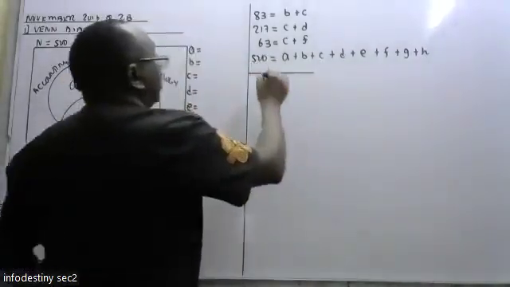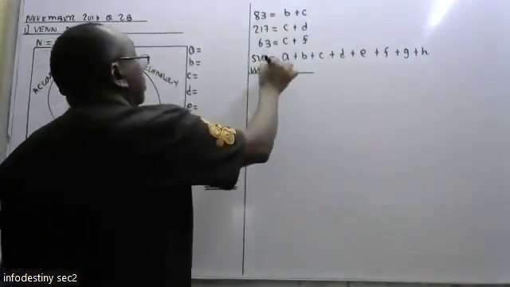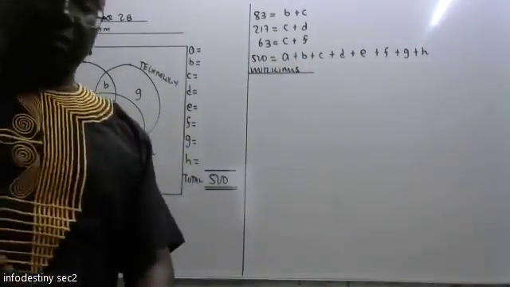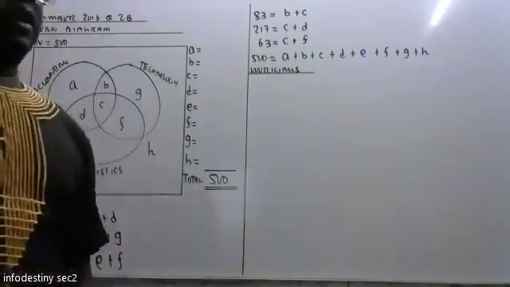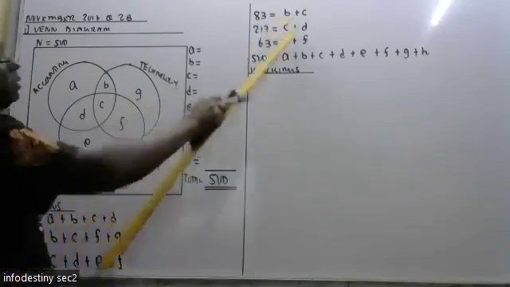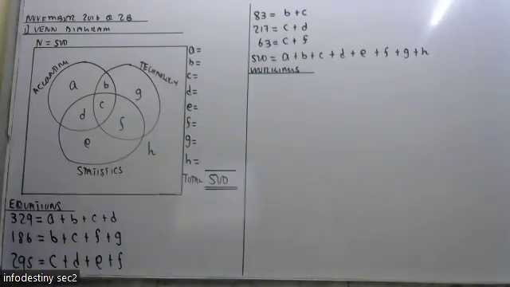Once you have those equations, the next thing now is to do the workings, which will give you the answers. And I told you, you first of all check whether you have gotten a single value. And as you can see here, we have not gotten a single value anywhere. So if you have not gotten a single value, you now use the whole equation.